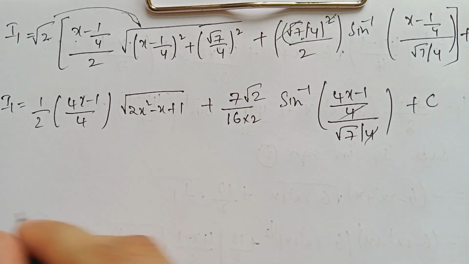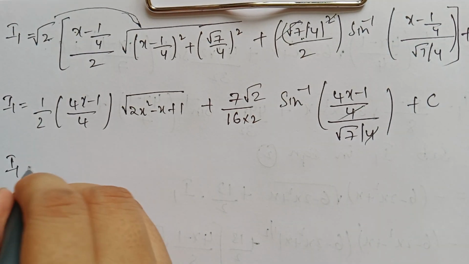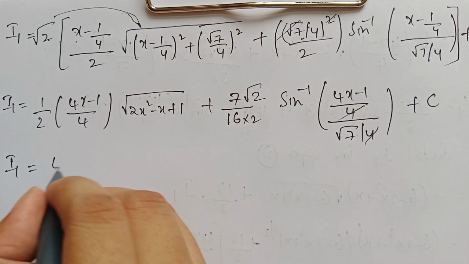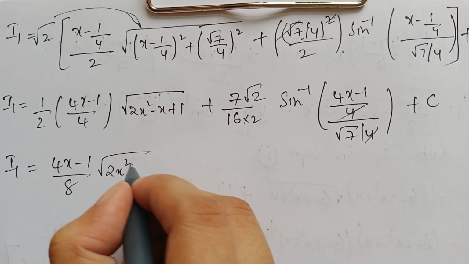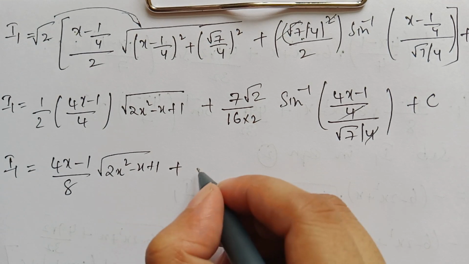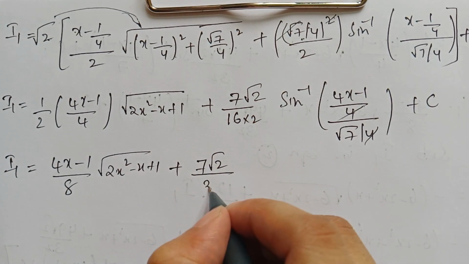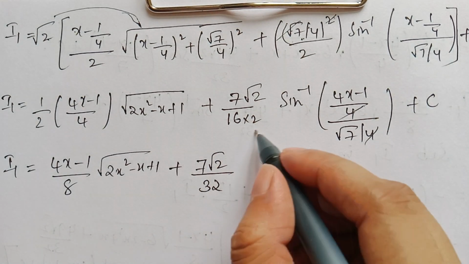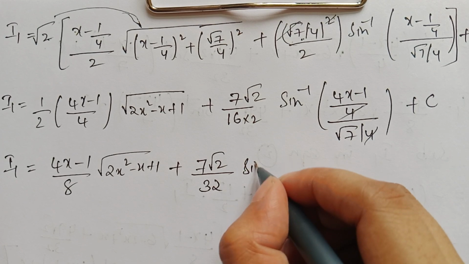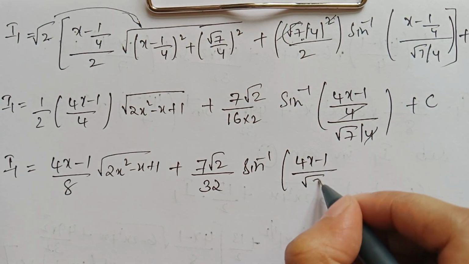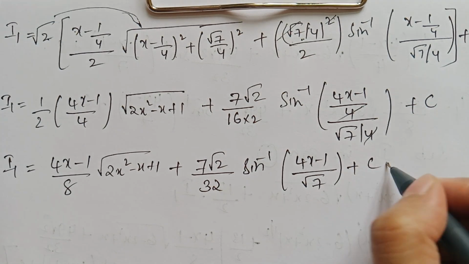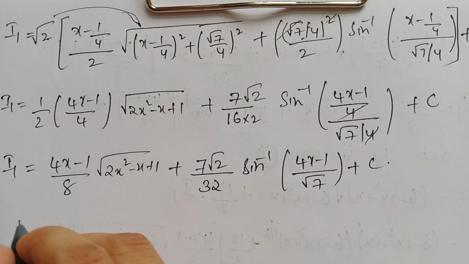The 4 gets cancelled out here, and I1 is equal to 4x minus 1 by 8 (4 into 2 is 8) root of 2x square minus x plus 1 plus 7 root 2 by 32 (16 into 2 is 32) sine inverse 4x minus 1 by root 7 plus c. This is the value of I1.